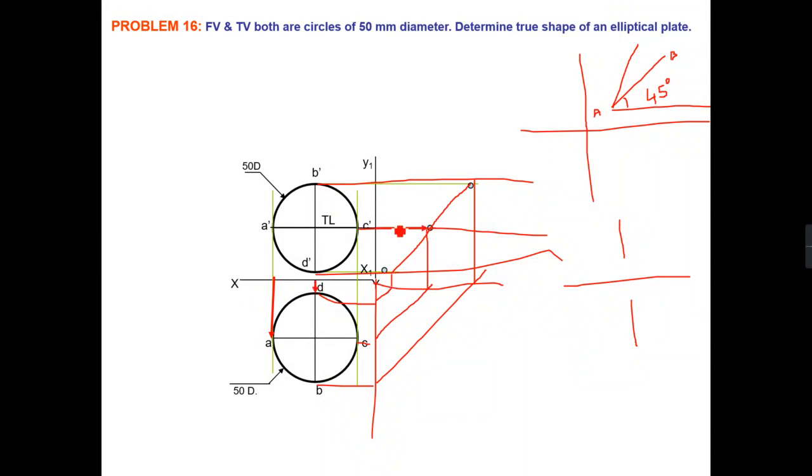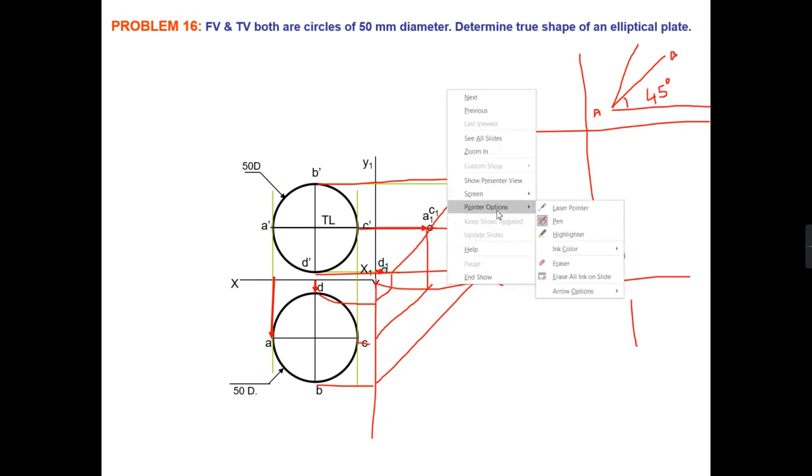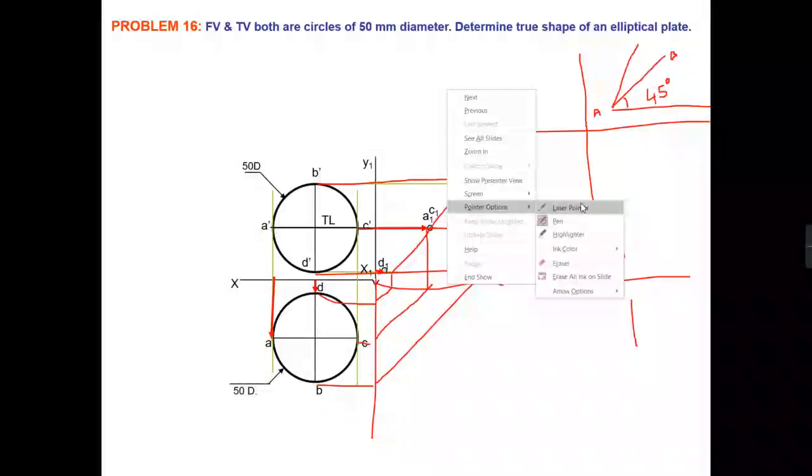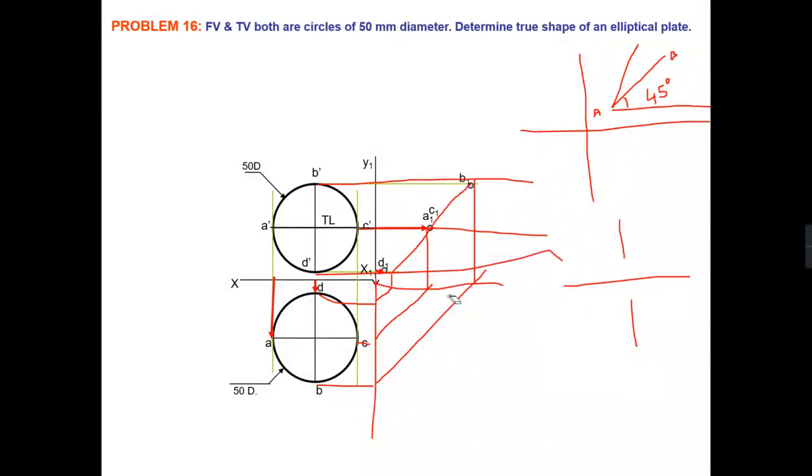The same way I will mark all the points, like this is your point D. I will take a distance from the XY line and I will mark the point D here. This is the way you can get all these points, okay? So I will remove all the other lines so you can see it clearly.